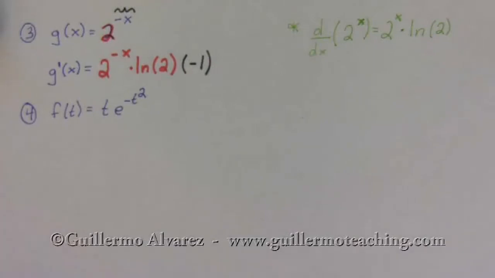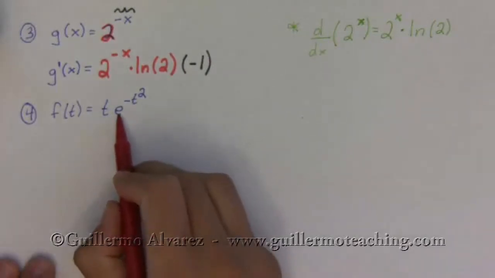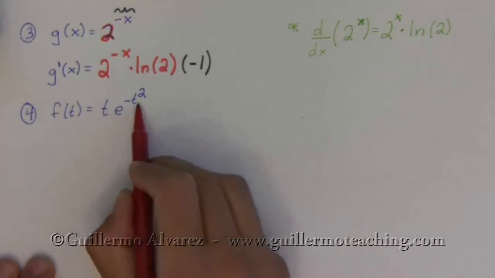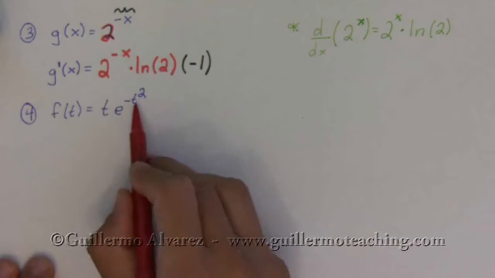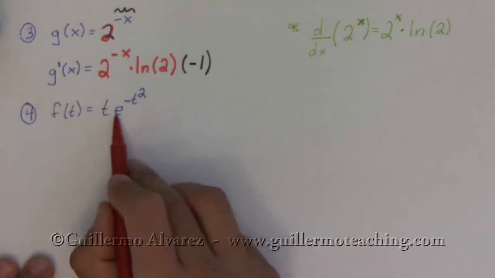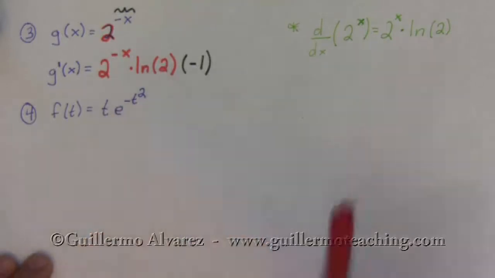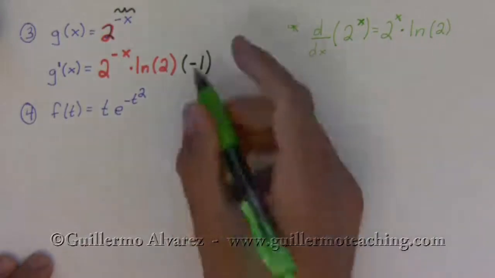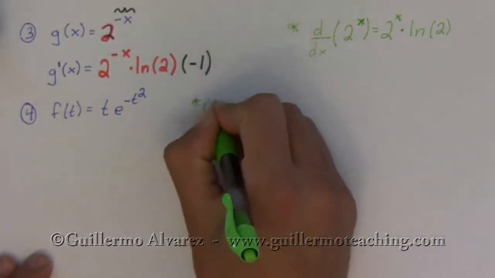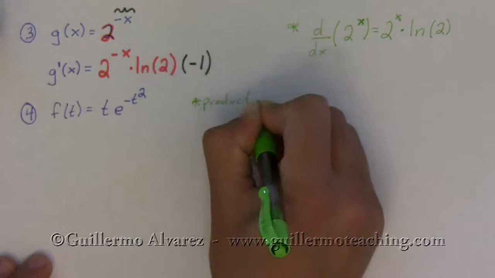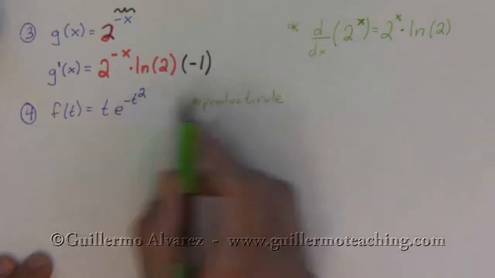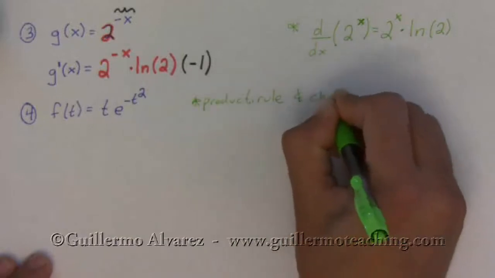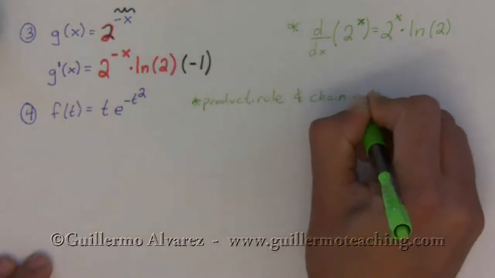Okay, now in this problem, it's starting to get a little bit trickier. Notice that we're multiplying two functions, and we also have here a function of another function. And so because they're multiplying, we're going to have to use the product rule. And inside of the product rule, when we get the derivative of this one, we're going to have to use the chain rule.